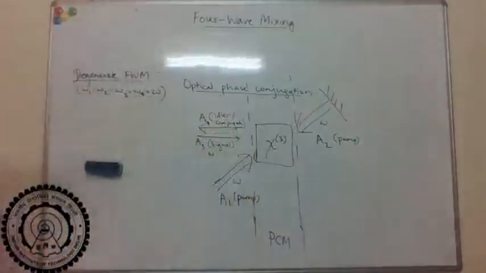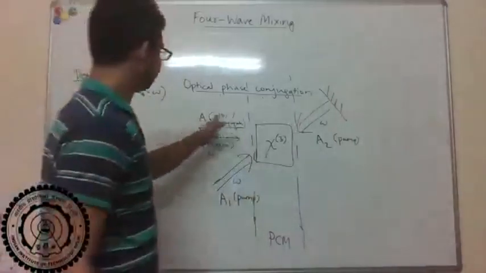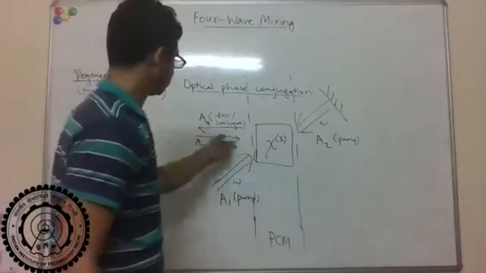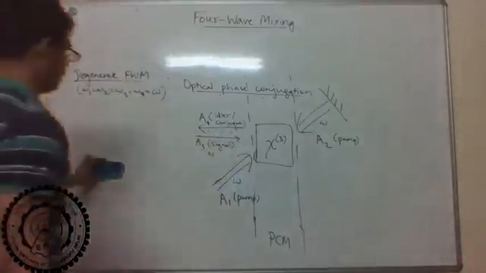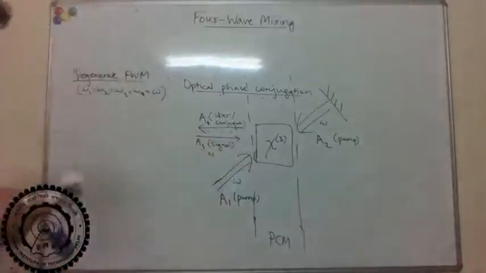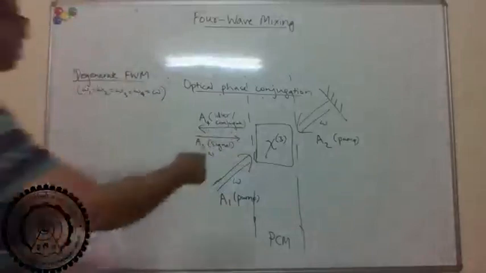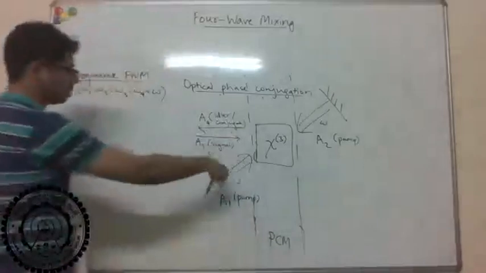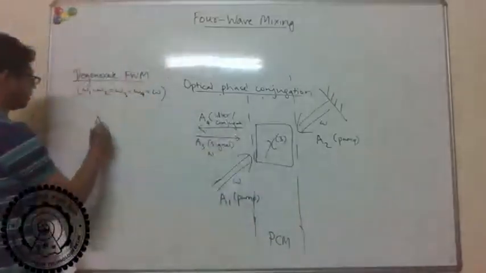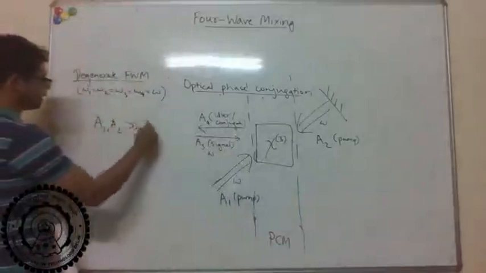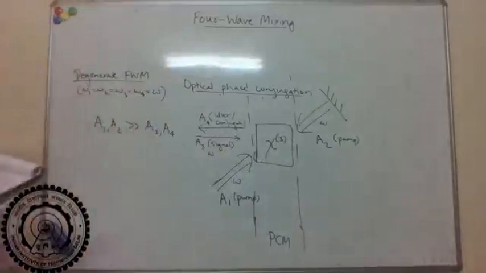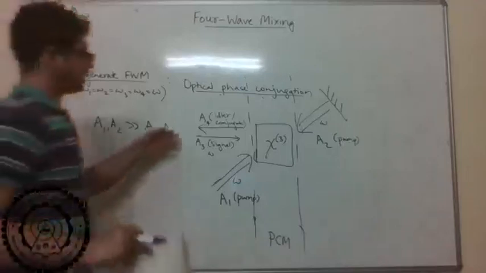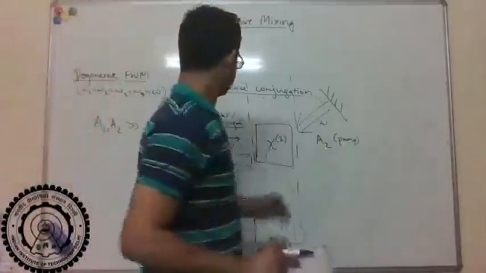And this reflected wave, we'll see, has the conjugate profile of my input signal. So the setup is that A1 and A2 are pumps, which means A1, A2 are much larger than A3, A4. And now there are two directions of propagation.